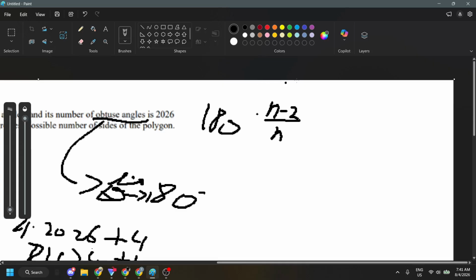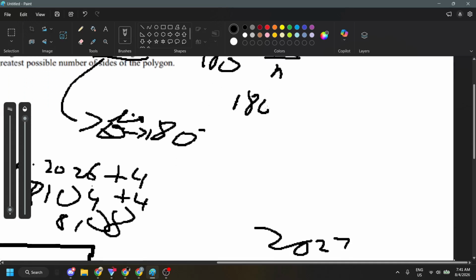Right, because a square is 360, a triangle is 180. So we have 180 times 2025 over 2027.